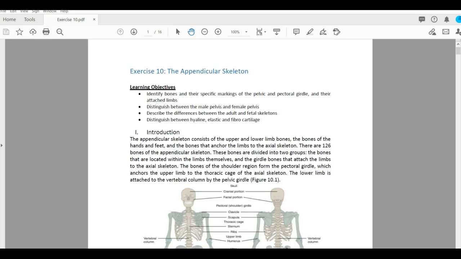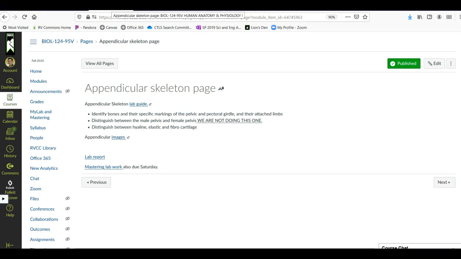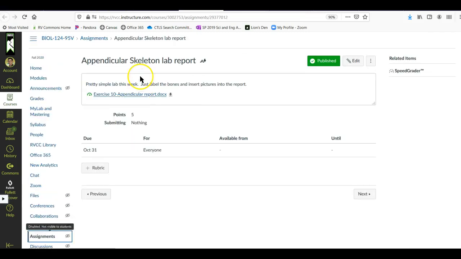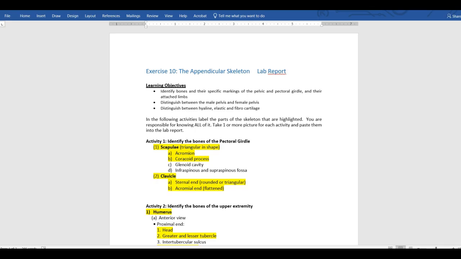If you want a little bit more of a what-should-I-focus-on type of thing, that is really what the lab report is for. So if you click on that, it should look like this, and it's a simple lab report this week.